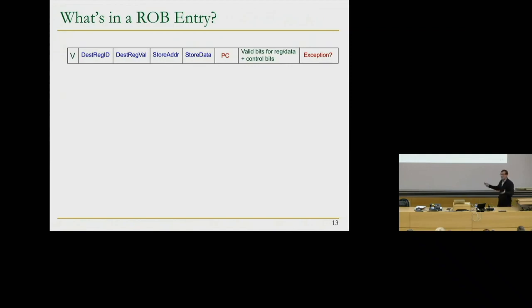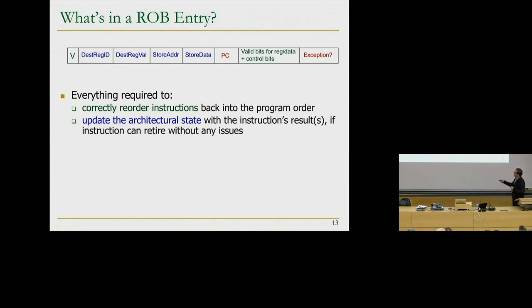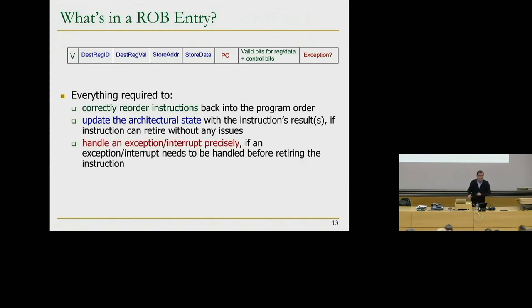Okay, so the reorder buffer needs to store everything that's required to correctly reorder instructions back into the program order. And we have a clear program order, as you know. It needs everything required to update the architectural state with the instruction's results, if the instruction can retire without any exceptions or any issues. And it also needs information to handle an exception or interrupt precisely, if one needs to be handled before retiring the instruction.